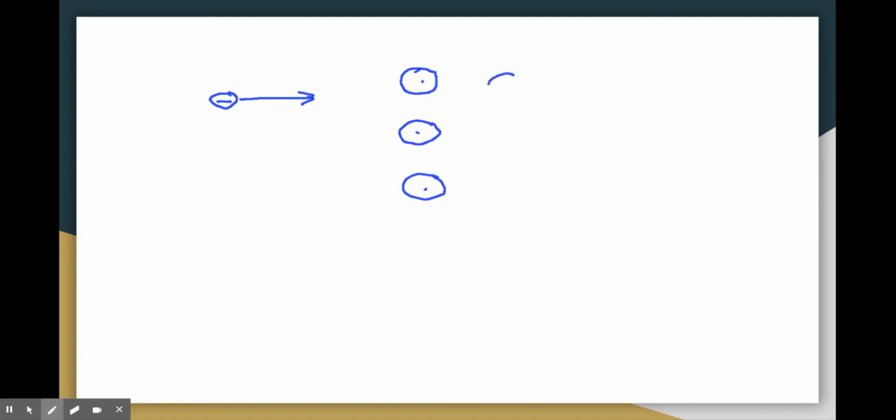So here it is, out of the page. Poorly drawn, but you get the point. As this charged particle begins moving into this magnetic field, it's going to feel a force on it.